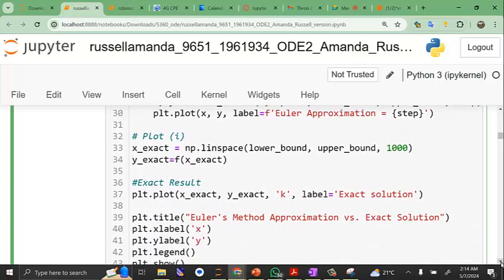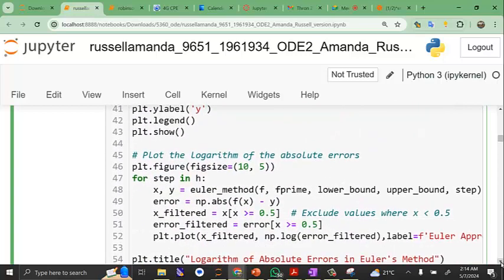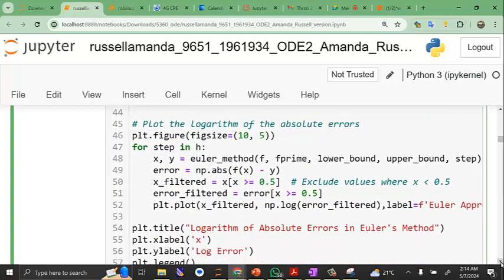Okay. So if we get the, let's see. I'm not sure why we're excluding values where x is less than 0.5. Well, oh, that's right, because we did say that.